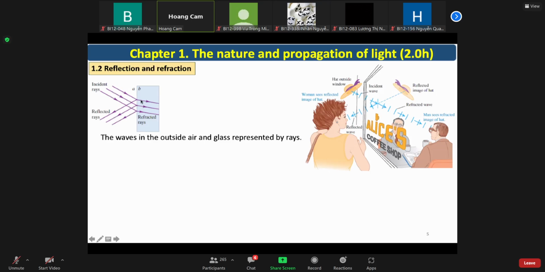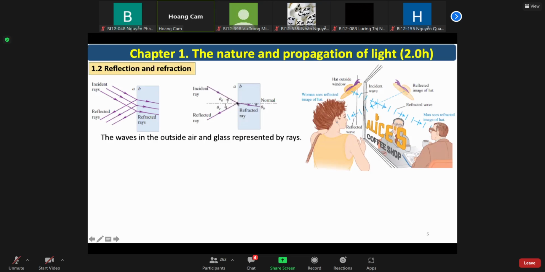And furthermore, people can exploit this type of phenomenon in order to create some bending optical structure as well. So here we got the incident ray coming to this interface.